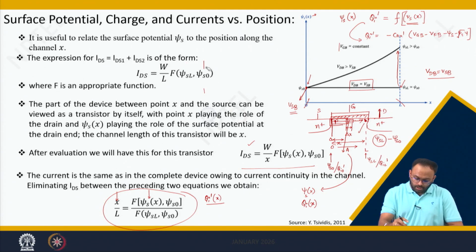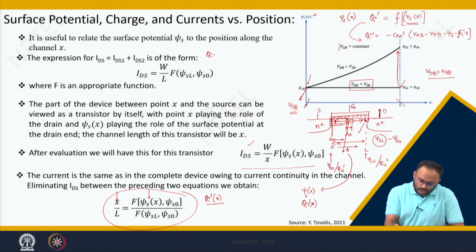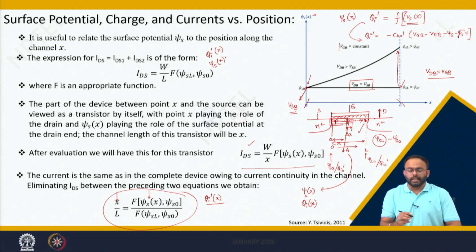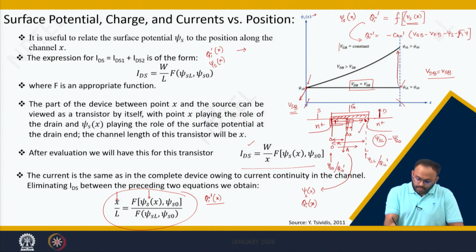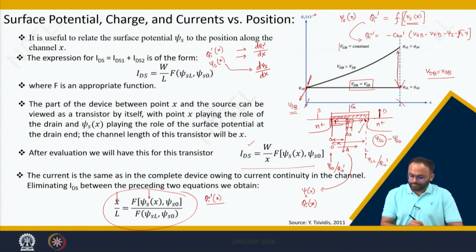Now, I can define two quantities. If I know how my inversion charge varies with respect to x, and I also know how my surface potential varies with respect to x, then I can simply find the slope. It means how dQi dash by dx varies, or how d psi s by dx varies between the source and the drain end.